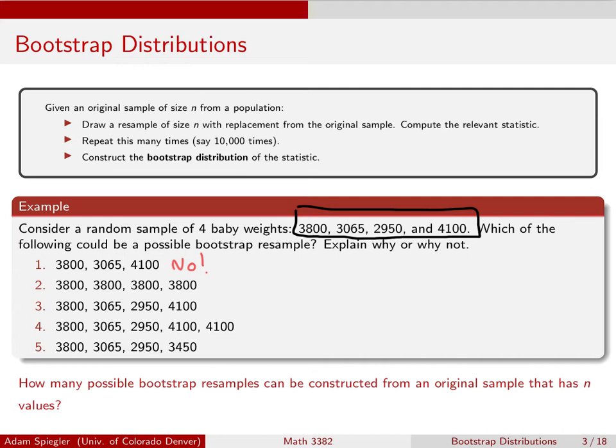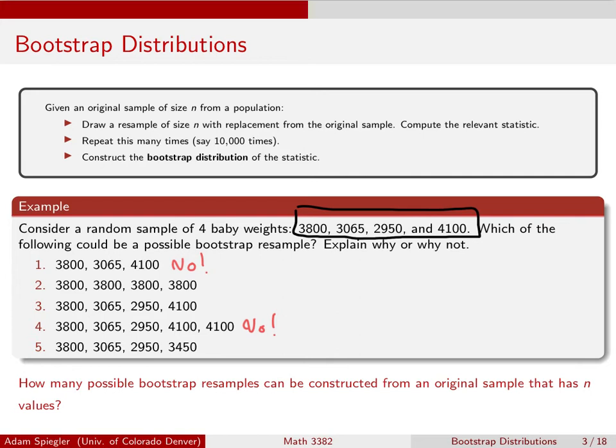And for the same reason, the sample in 3 would be no good because that one has too many values. We should only have 4, that one has 5 values. So 3 and 4 are out because one definite requirement is each bootstrap sample should have the same number of values in it.